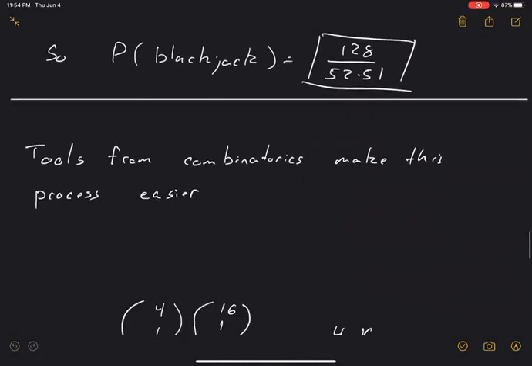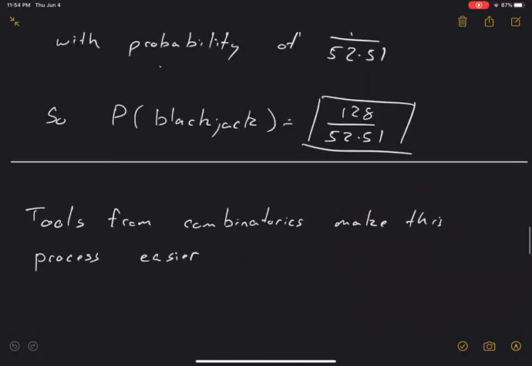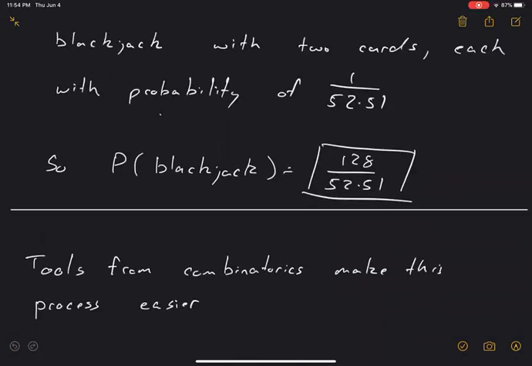Now, this is really the most bare bones way to think about this and compute this probability. The tools from combinatorics are just going to make this easier. Maybe you have taken an undergrad probability course and you already know there's an easier way to do this. We could use things like the choose function, the binomial theorem.